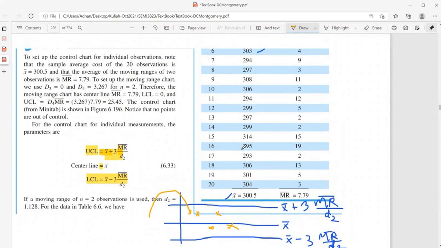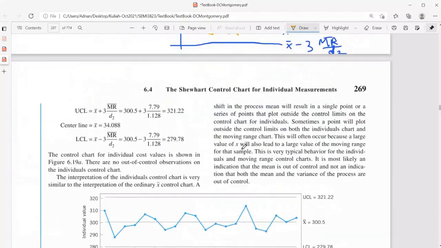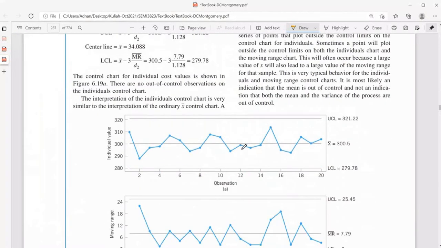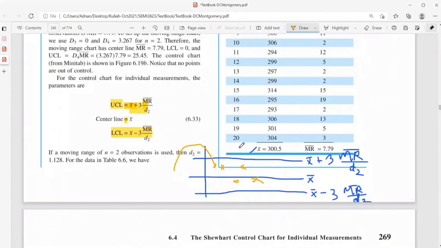Sorry, hold on, what we plot is not the MR. We are plotting the X values, the individual values. So we plot individual values.